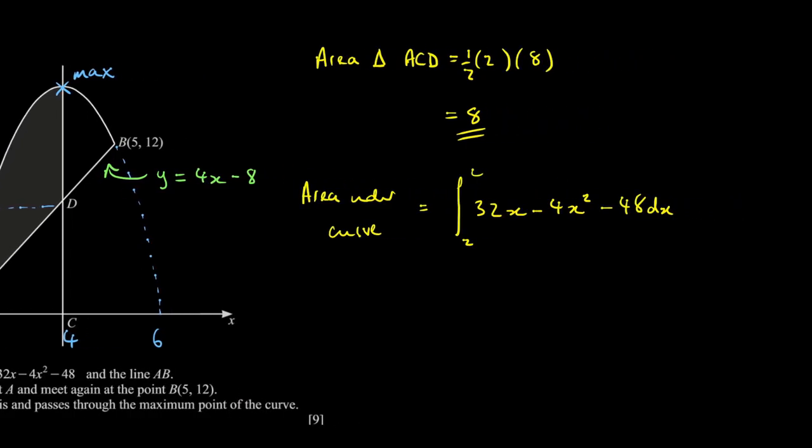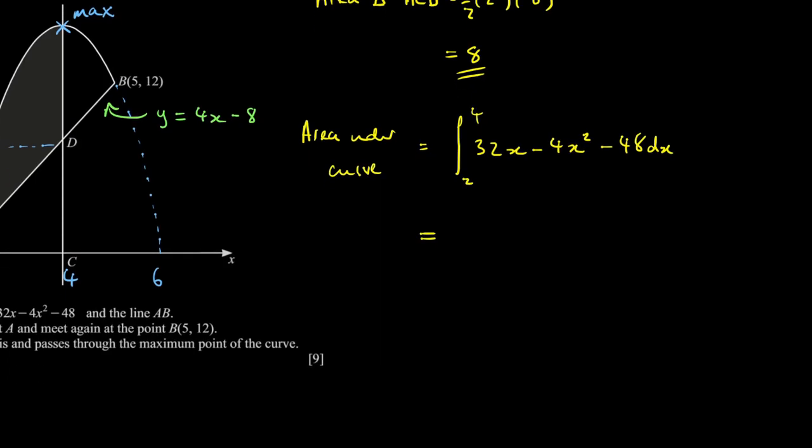So now I just got to go through all of that integration. So if I integrate 32x, I get 32x squared divided by 2 minus 4x cubed divided by 3 minus 48x. And of course, 32 divided by 2 is the same thing as 16. So I'll just write that as 16.